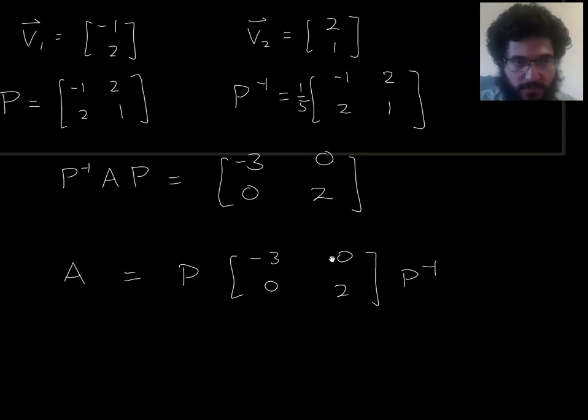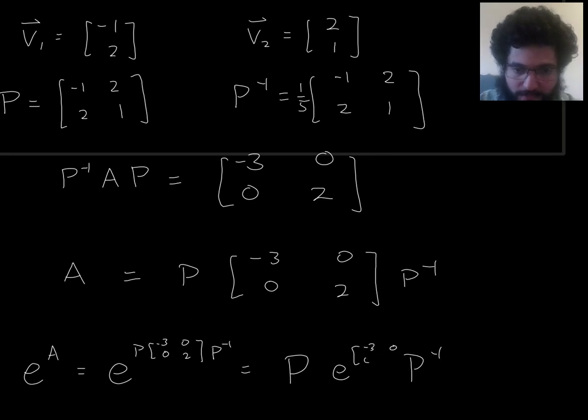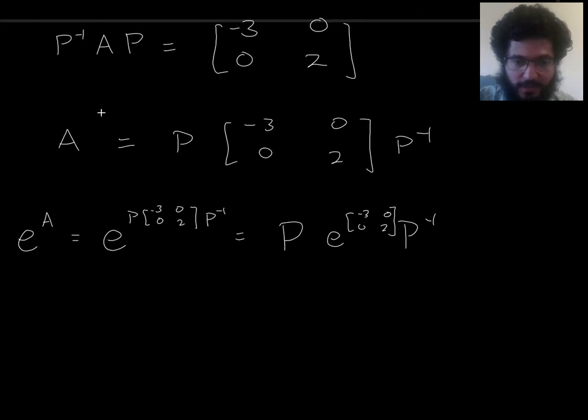So e to the A is e to this thing, so e to the conjugate of this diagonal matrix is the conjugate of e to the diagonal matrix, which we know how to compute. So e to a diagonal matrix, that's this matrix.